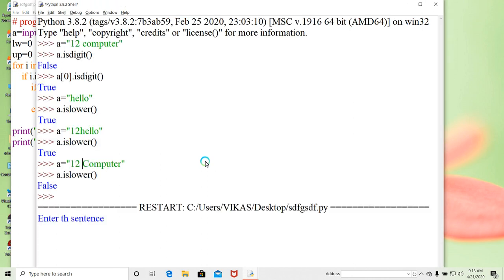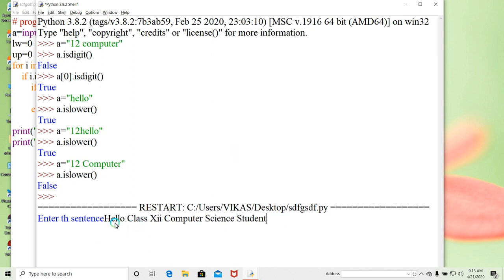Enter the sentence, and here I have written hello class 12th computer science student. So here in the uppercase how many characters are there? 1, 2, 3, 4, 5, 6, and others all are in lowercase.